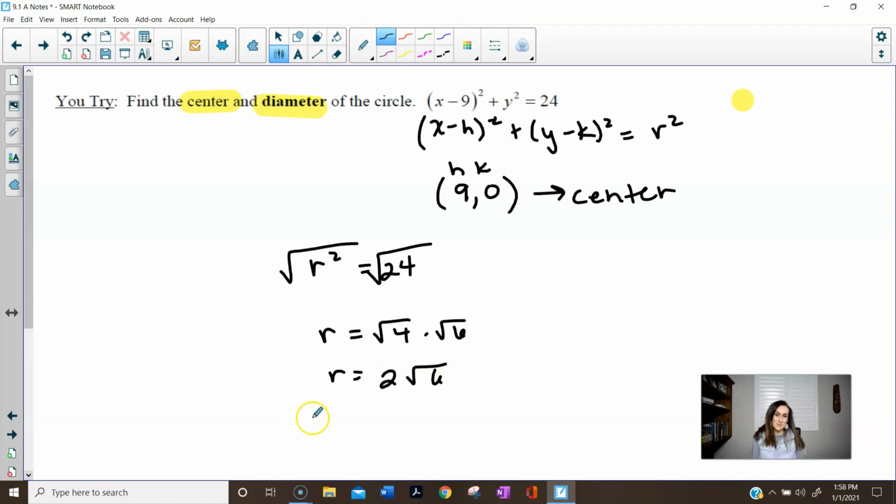So I would need to multiply this by 2. And the diameter is 2 times the radius, which is 2 root 6. So the diameter is 4 square root 6.